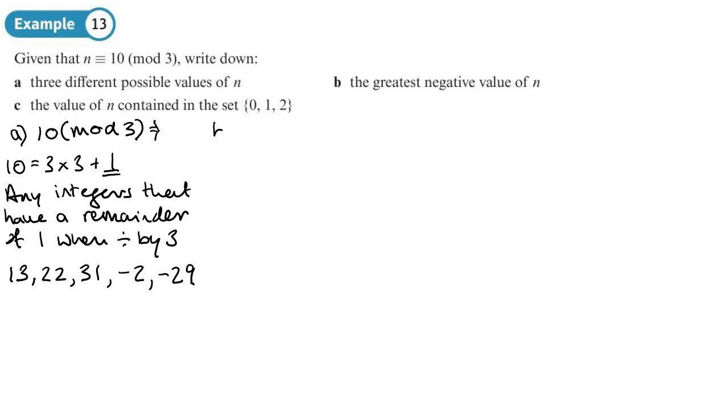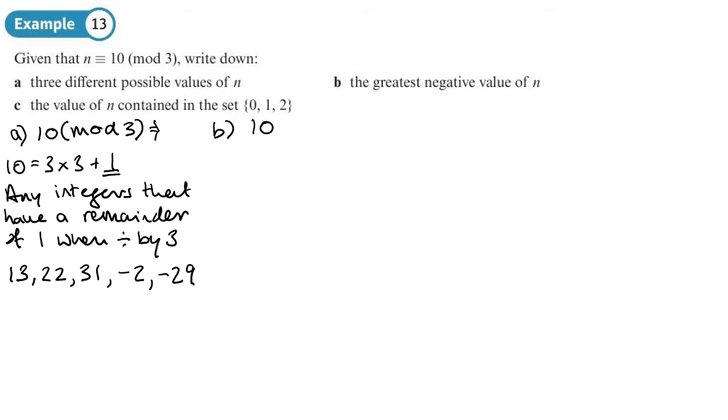Part B, the greatest negative value of n. So a negative number just below 0, the first number I get to just below 0 which has a remainder of 1. So maybe one way of doing it is to say, let's pick one of the numbers we've got.